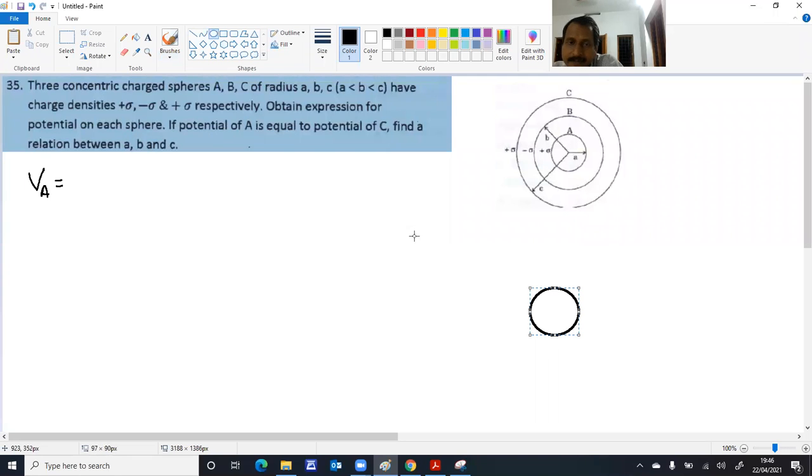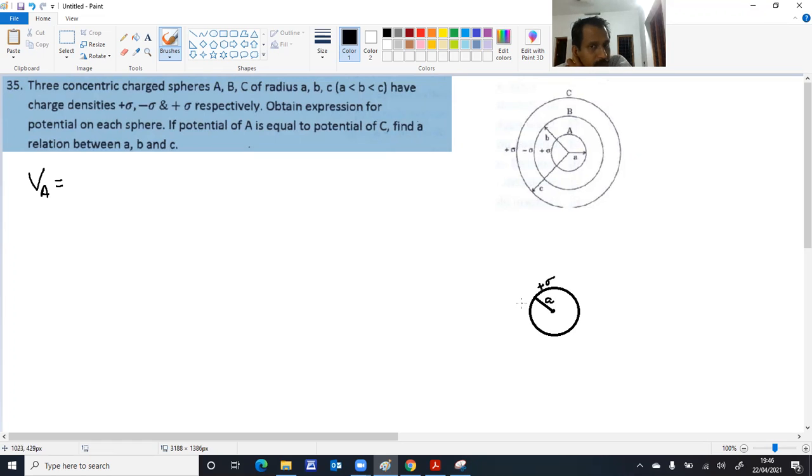This is the radius that is given as A. The charge density is given as plus sigma. What will be the potential on that sphere due to that sphere itself?